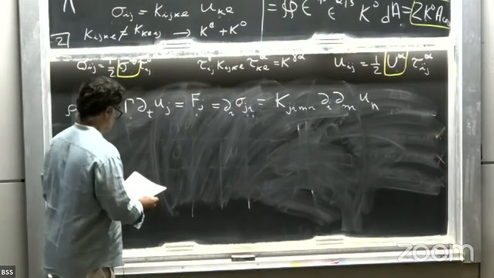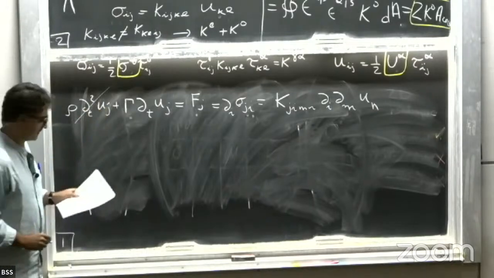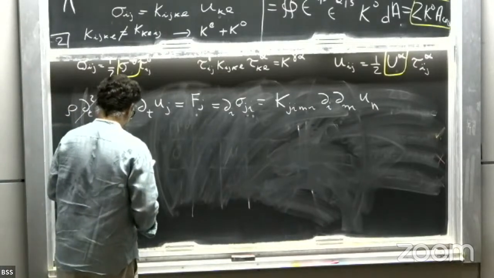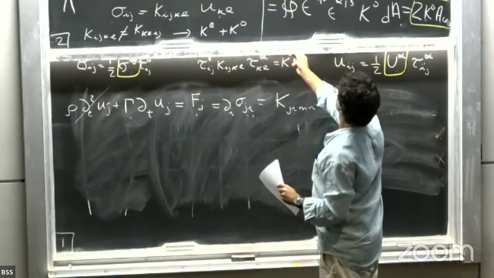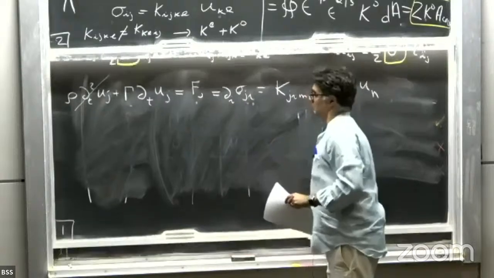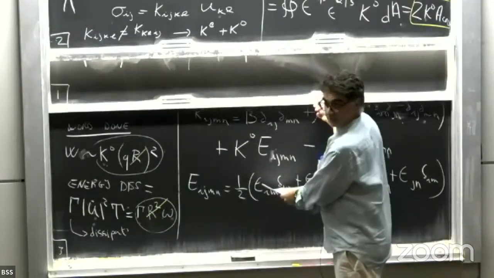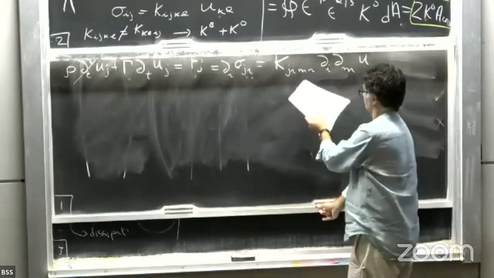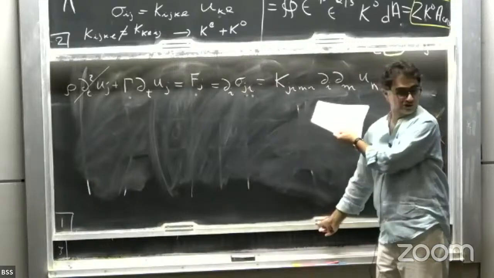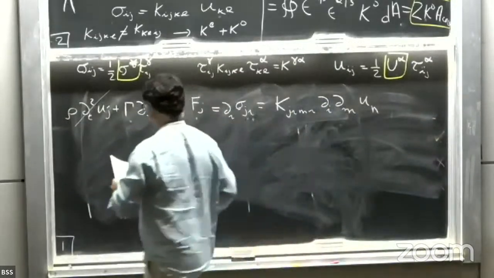So now what you do, for our purposes, I'm going to drop this. And then I have to take the formula, stick it in here, do all the contractions, assuming that I've done them correctly, and I'm going to get the following.